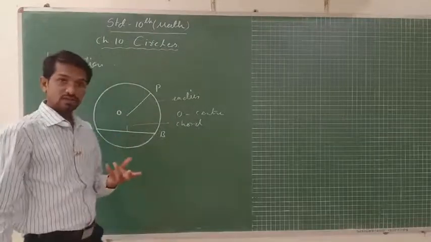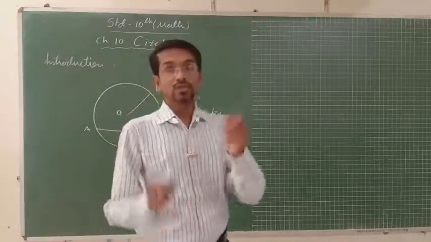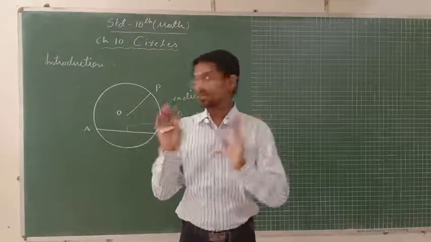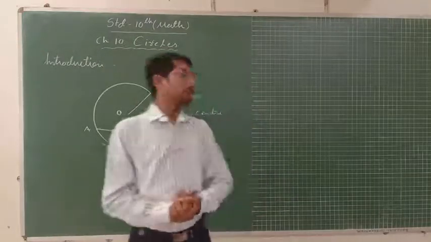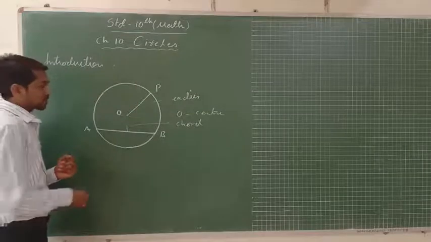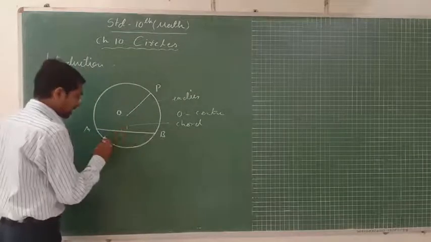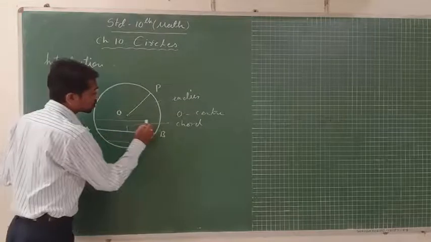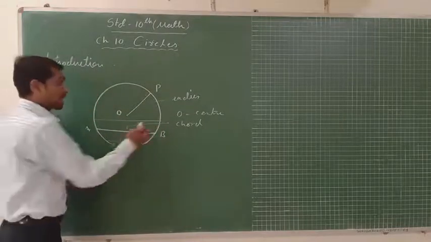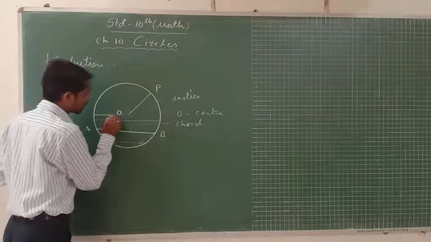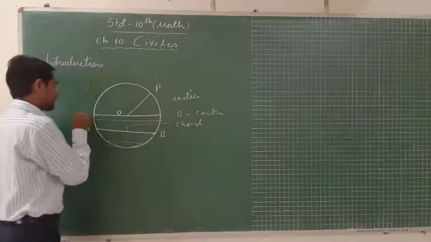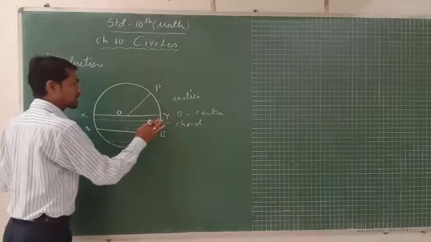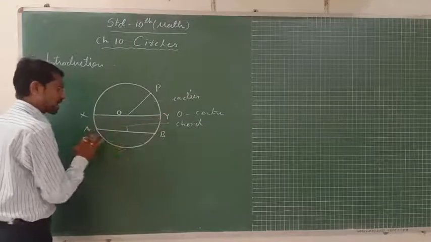Chord is what? You already know that its two end points lie on the circle. This is called a chord. Now, this is one chord. If I draw here, that is also another chord. And here I will draw another chord, suppose it is XY. XY is a chord, same as AB.